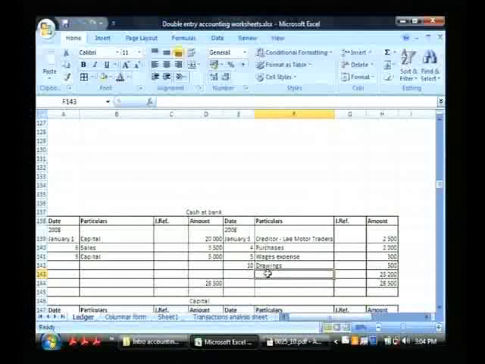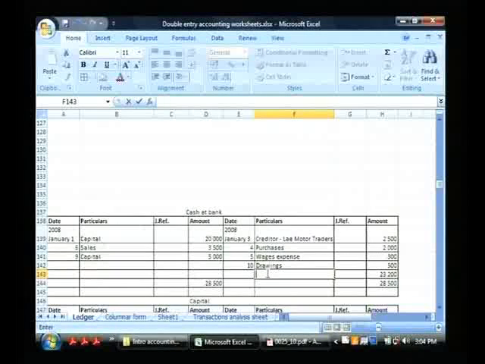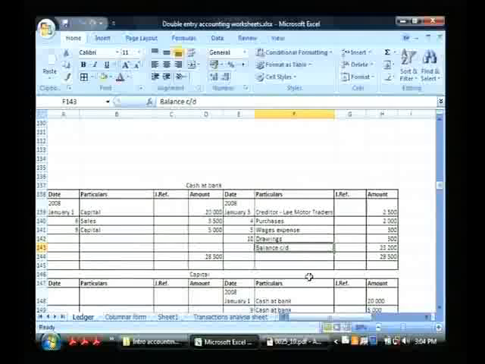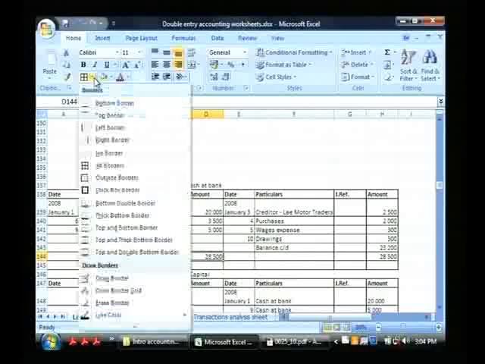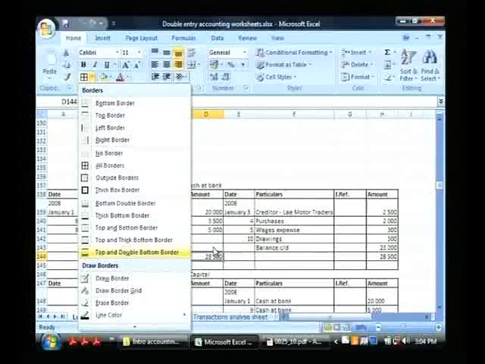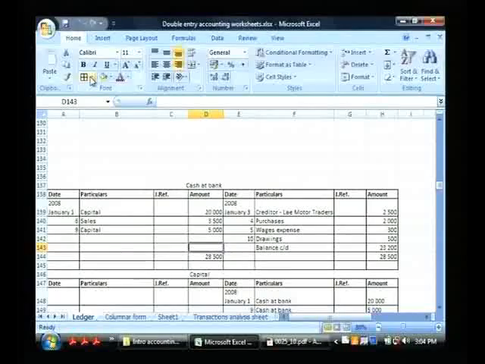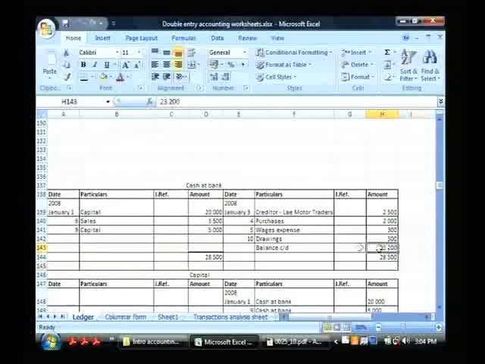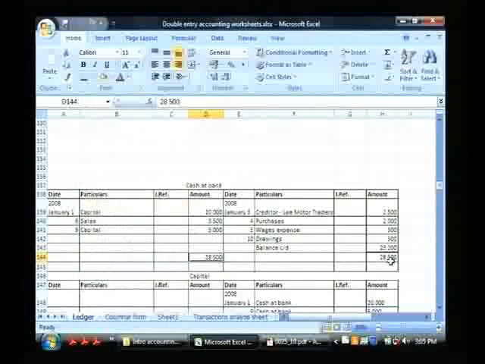The balancing date is 10th. Therefore, we don't have to write it again; 10th is already there. Balance carried down 23,200. And a double line here, a line to indicate the total, and a double line as well.